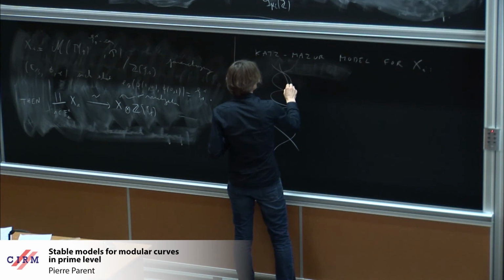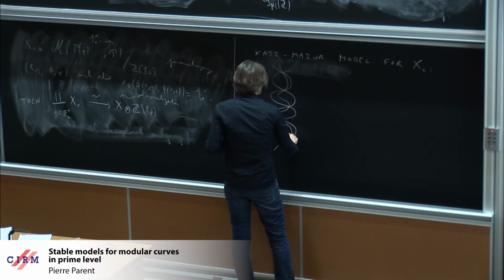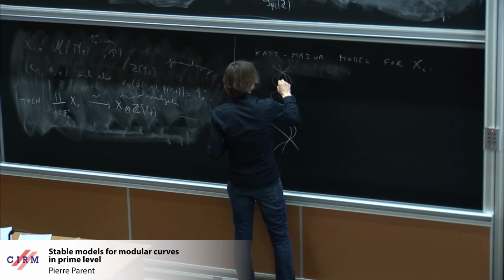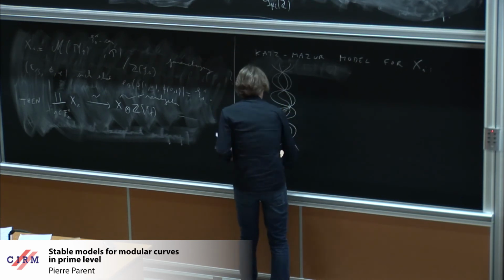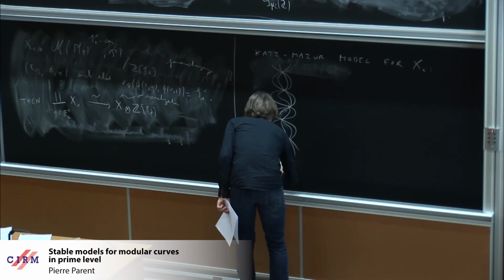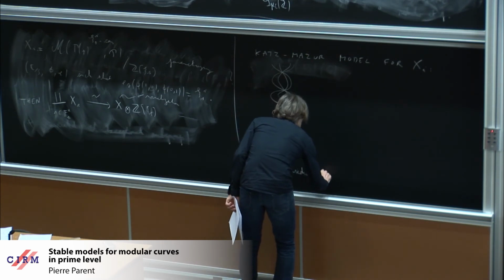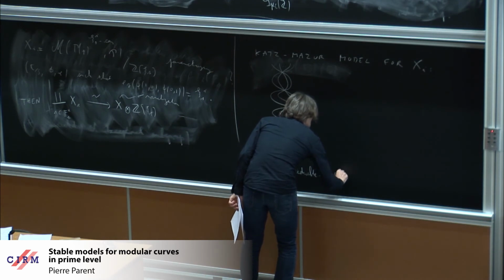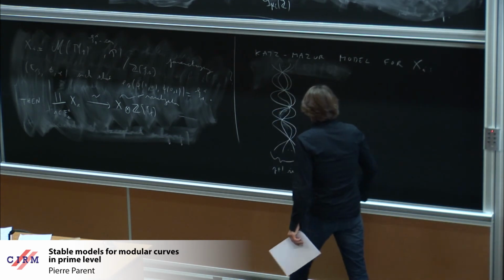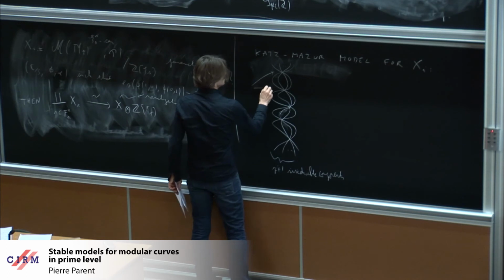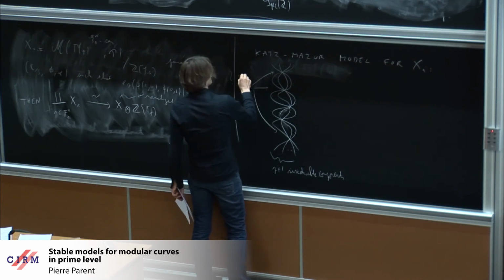But this time, one has p plus 1 irreducible components. And they again cross at supersingular points.